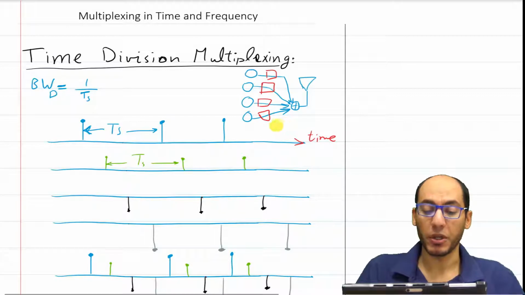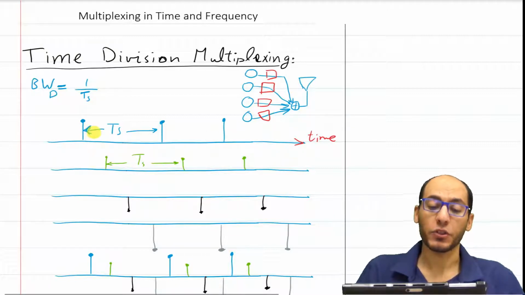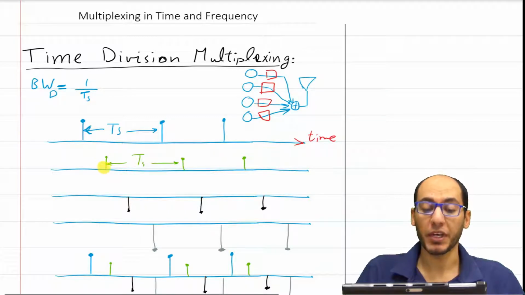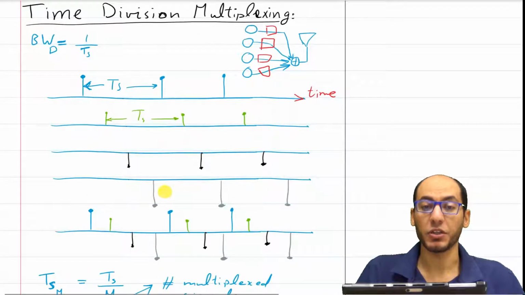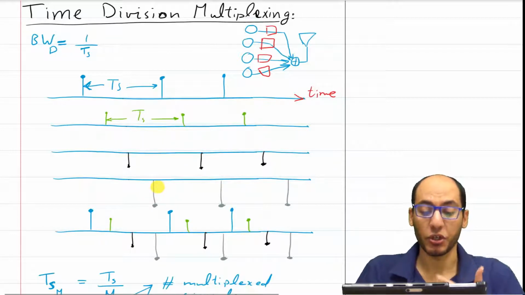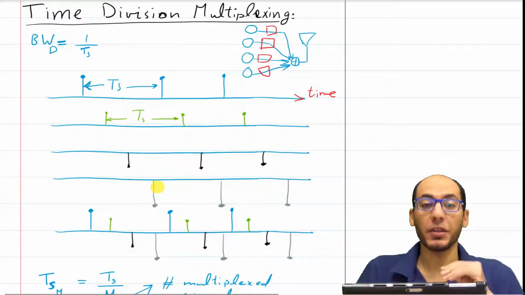Why is that going to happen? Well, you take the first signal and you allow it to be transmitted as it is. The second signal you shift by a very small amount of time, the third signal you shift by another small amount of time, and the fourth signal you shift by another duration of time, and then you add them all together.